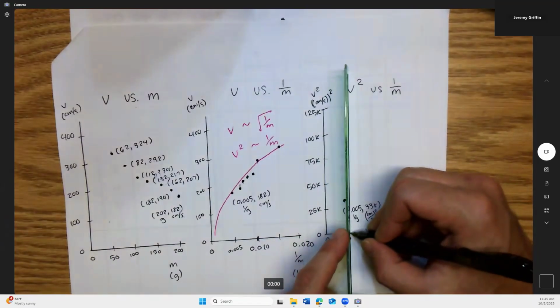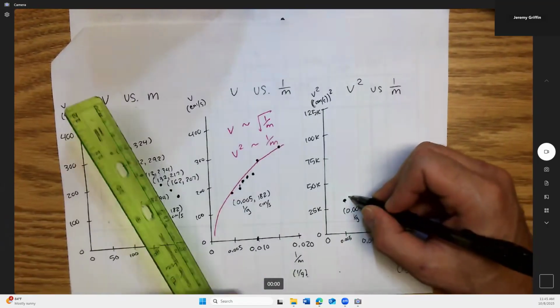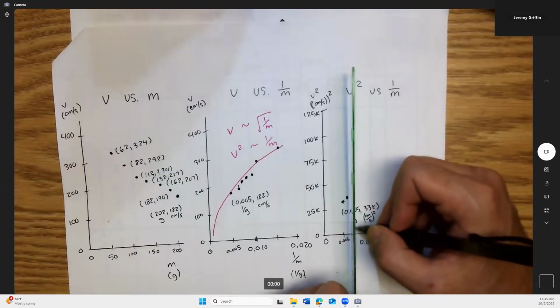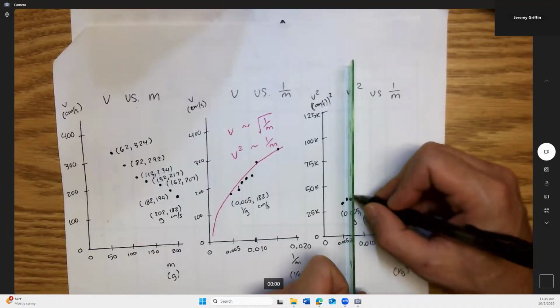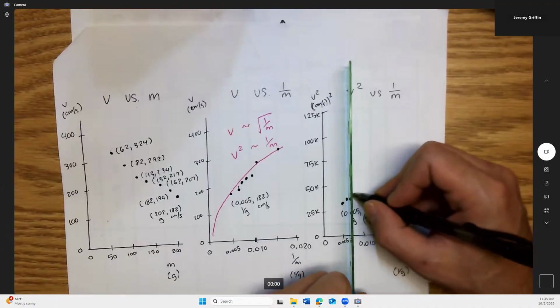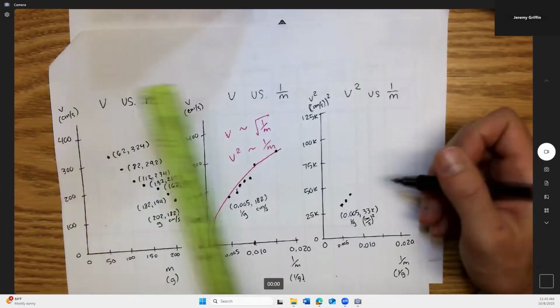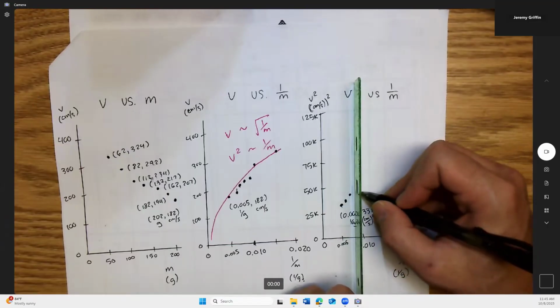0.0055, and that's 37,830. Yep. Next point. 0.006, 43,000. This is probably right back here. Next point. 0.0076 and 47,500.